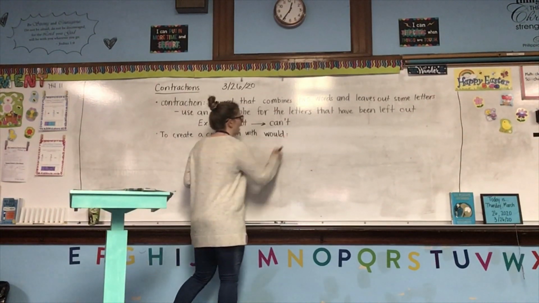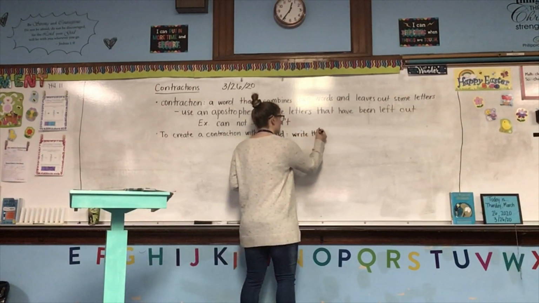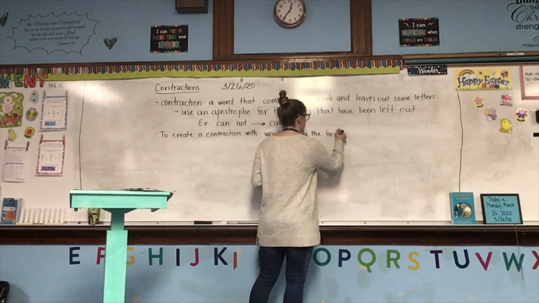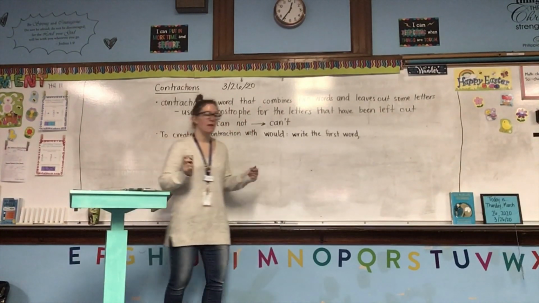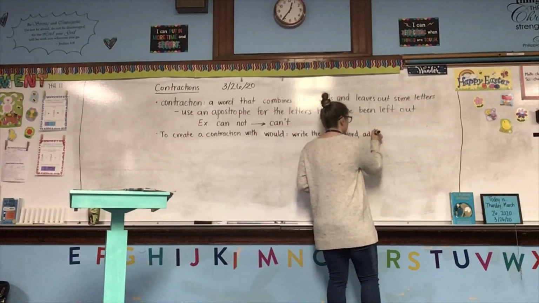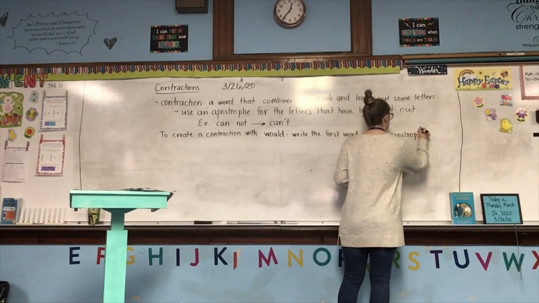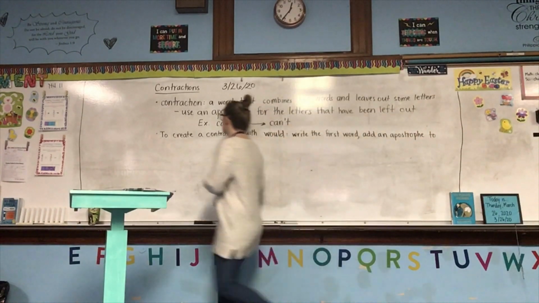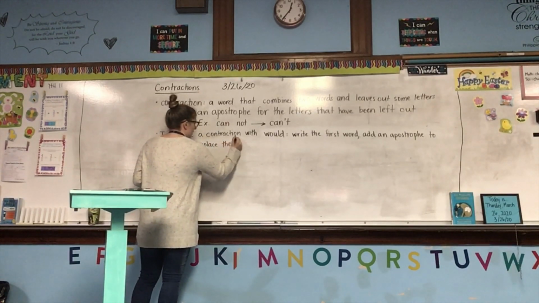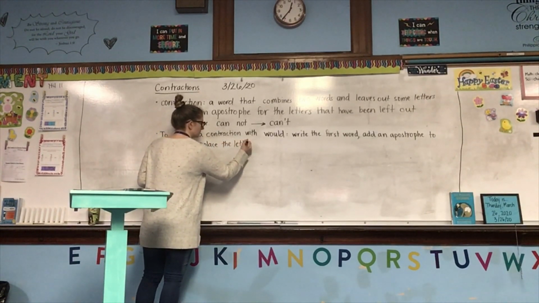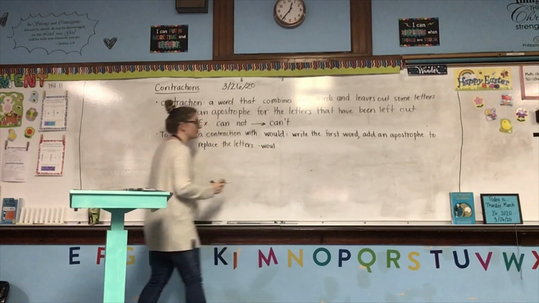So in order to do that, you write the first word, then add an apostrophe to replace the letters W-O-U-L.